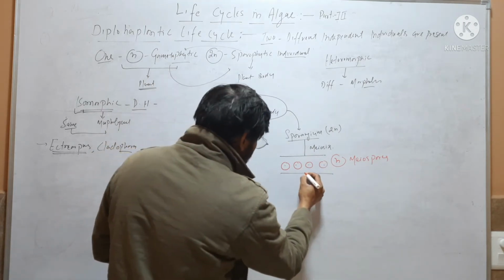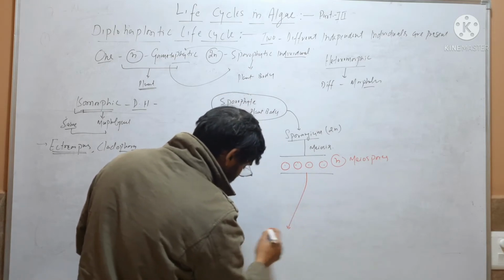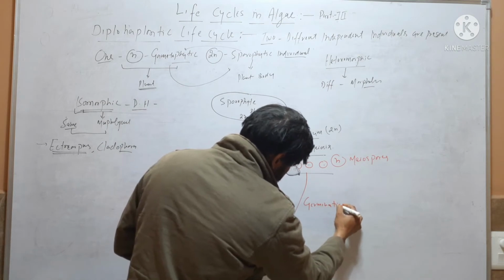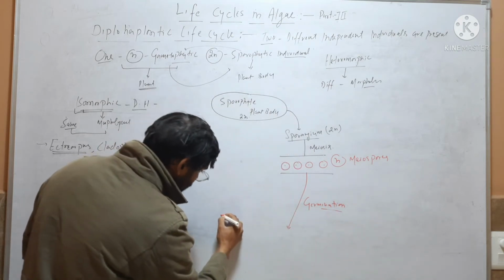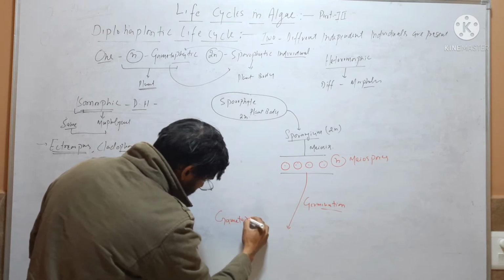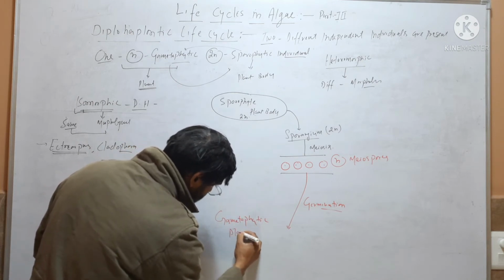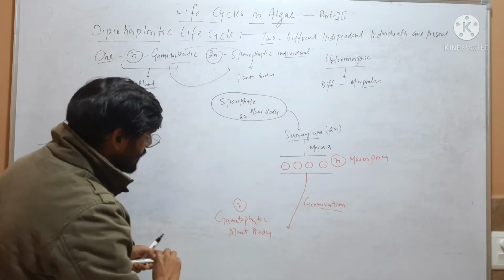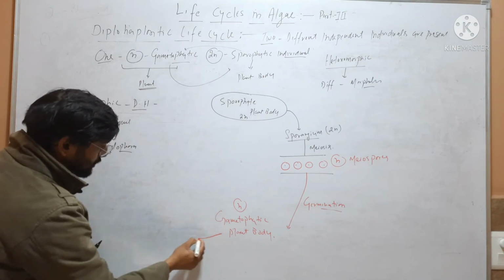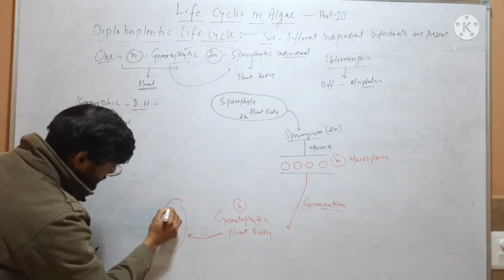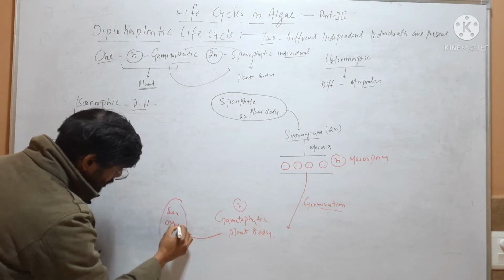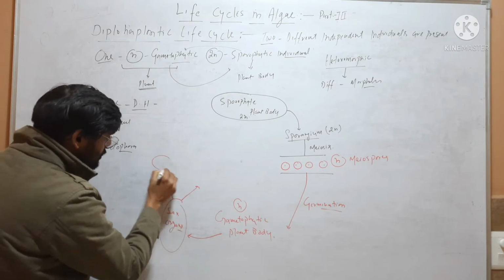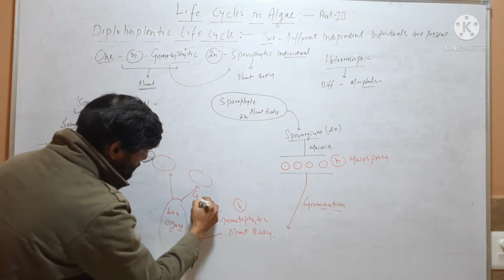These spores after germination will form the gametophytic plant body, that is haploid. This gametophytic plant body will form sex organs. Inside it, these sex organs will produce gametes.